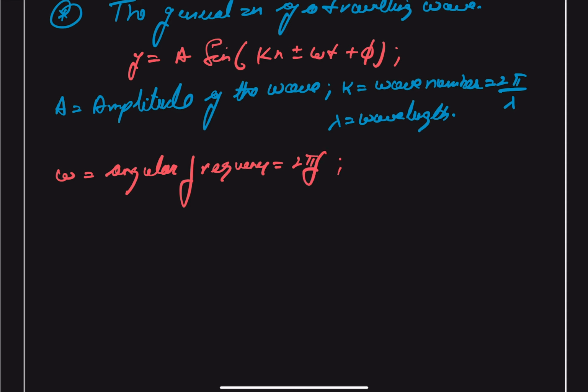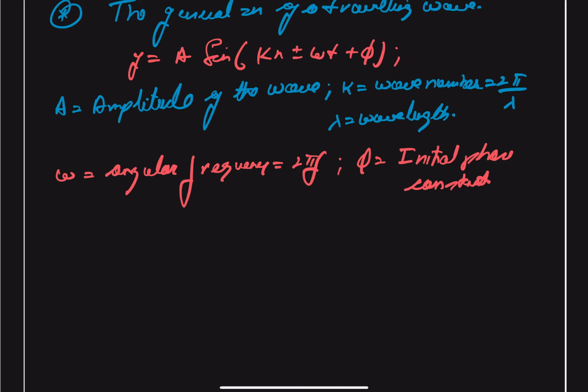And next is our φ, which is our initial phase constant. And we have a negative sign or positive sign associated with our ωt, which helps in determining the wave direction.